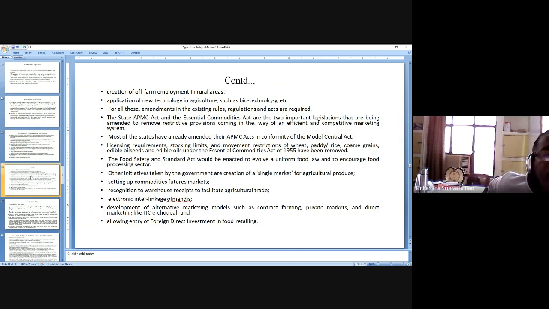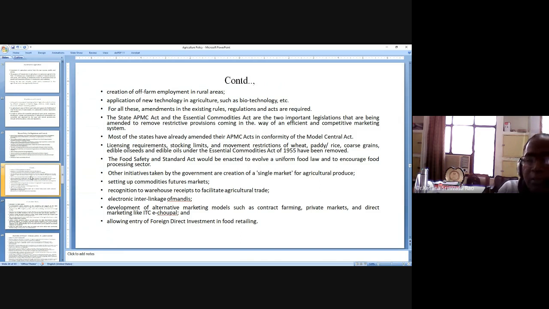Development of alternative marketing models such as contract farming, private markets and direct marketing like ITC's e-Choupal, and allowing entry of foreign direct investment in food retailing. So, these are the recent regulations and changes that have been brought into the Indian agriculture system and the agriculture policy framework. These things are giving good results in the recent past.